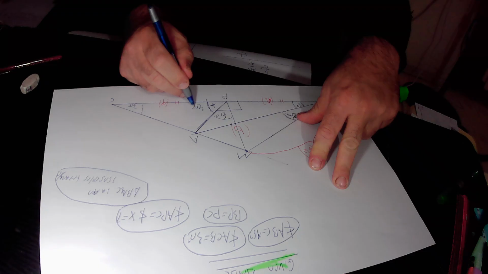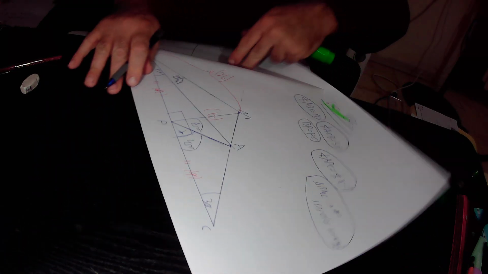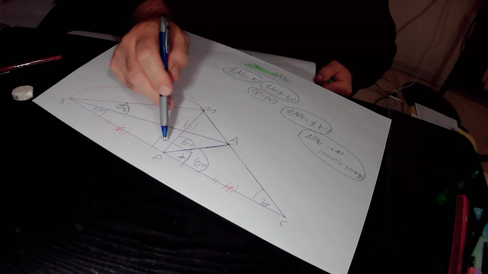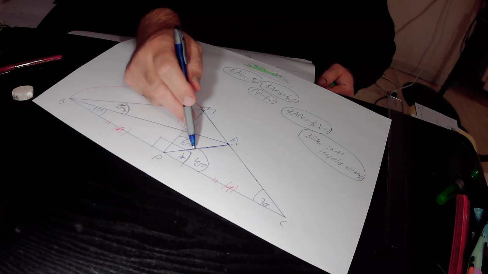So in total, we actually found out that the size of this angle X, that is also defined as angle APC, is equal to 45 degrees in its size.